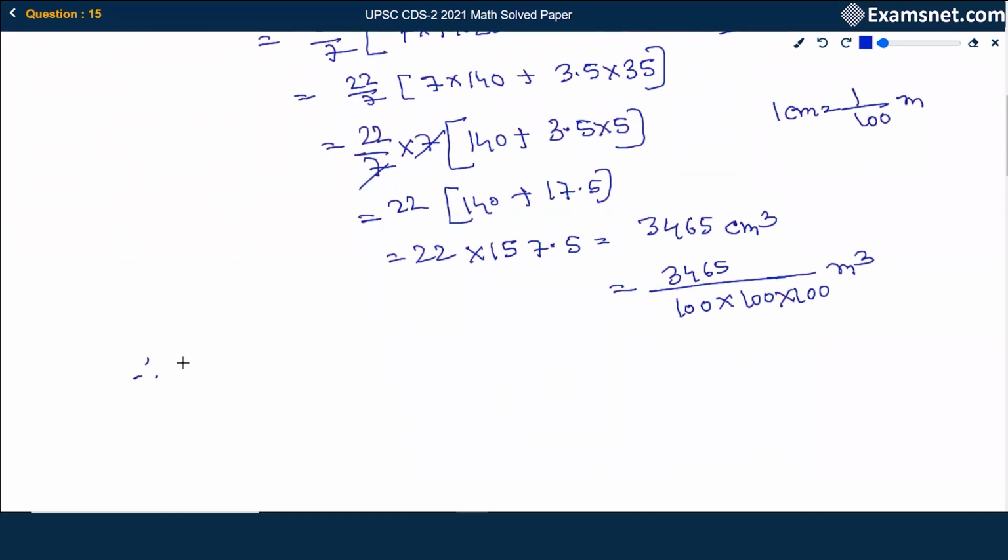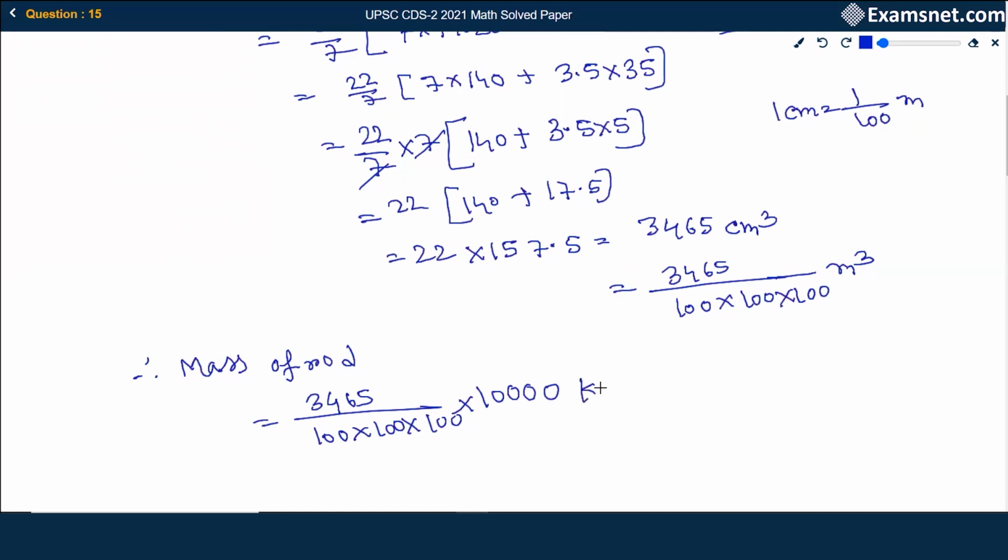Therefore, mass means weight, and we are going to find the mass of the rod, multiplied by 10,000 kg.